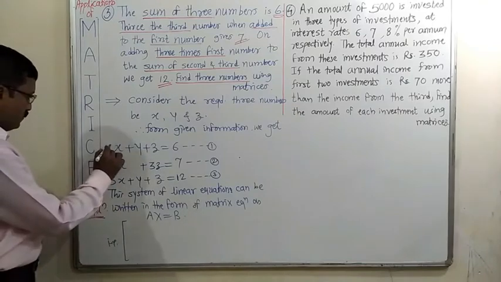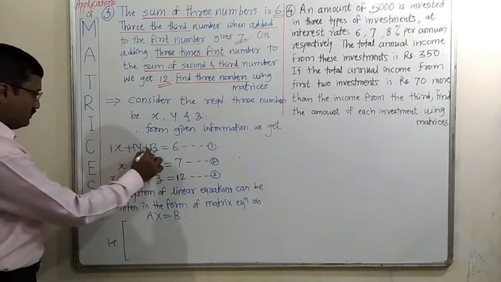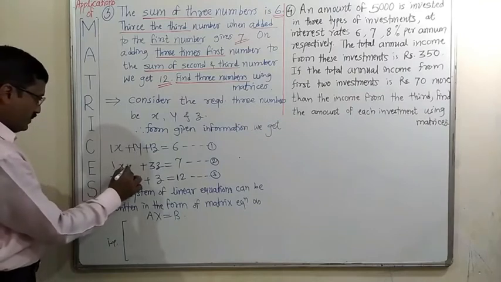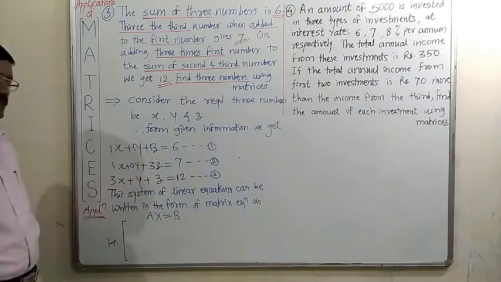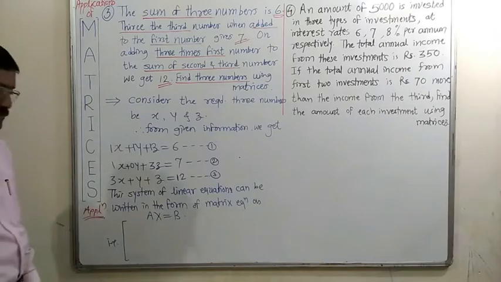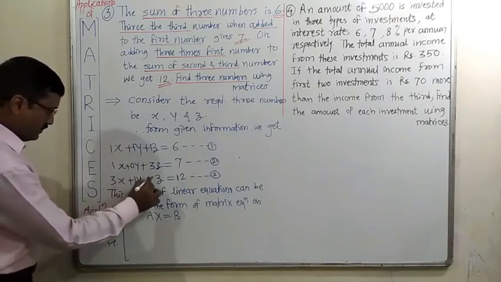Here coefficients are 1, 1, 1, then 1 plus 0, 1. Y term is absent, means its coefficient is 0. Here coefficients are 1, 1.